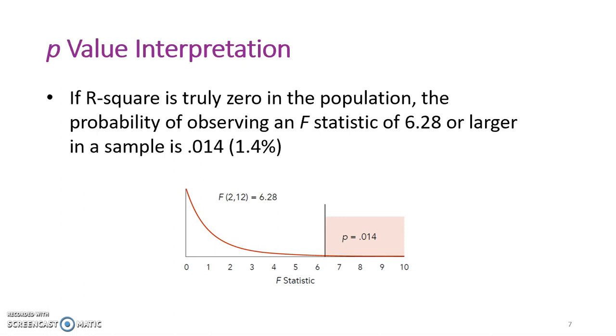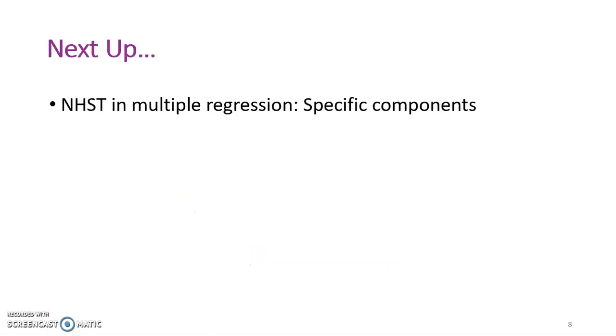This is a small chance, right, to observe this F statistic if R square is truly 0 in the population. It would be unlikely. So that's why we determine that at least one of the predictors is significantly influencing the outcome. But which predictor is it? That's what we'll talk about in the next lecture.